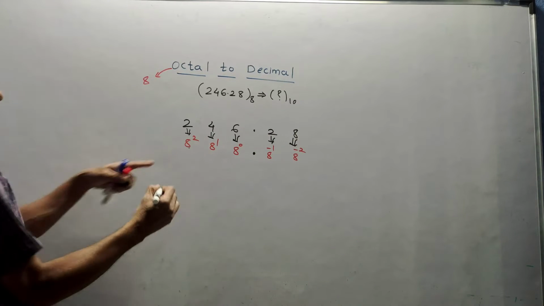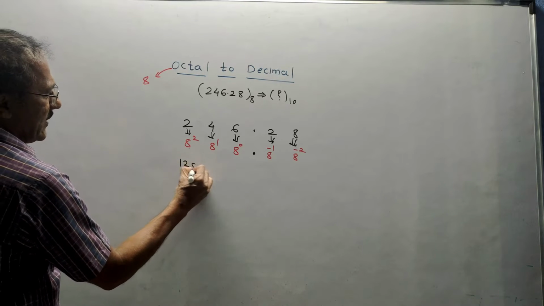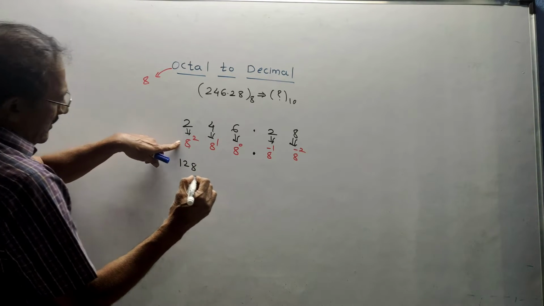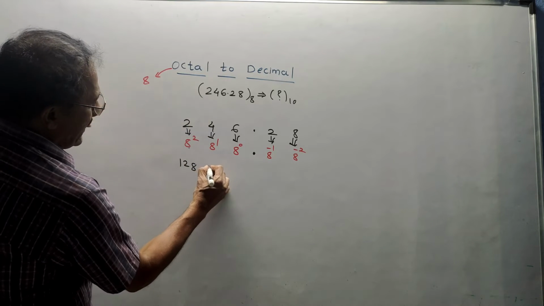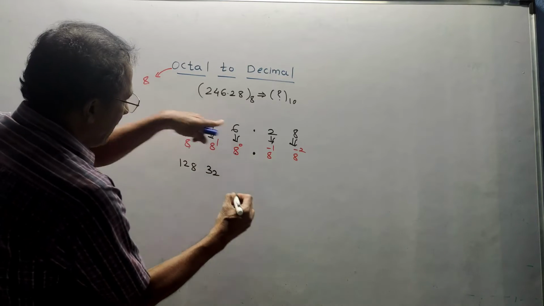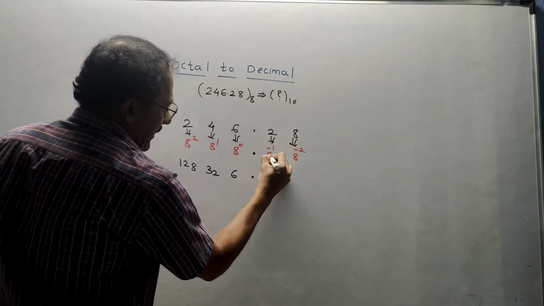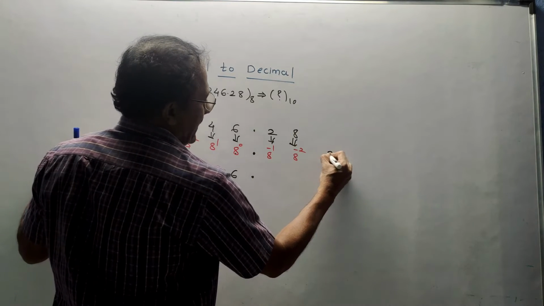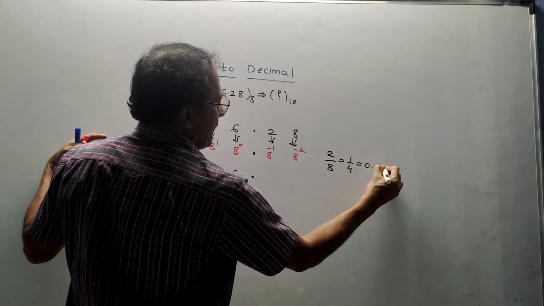So perform this multiplication. Every time go on multiplying the values like this. So 8 raised to 2 is 64. 64 into 2 is 128. Then it is 8 raised to 1. 8 raised to 1 into 4 is 32. This is 8 raised to 0. Something raised to 0 is 1. 1 into 6 is 6. Point. This is 8 raised to minus 1 into 2. So it can be written as 2 by 8. That is 1 by 4, which is 0.25.